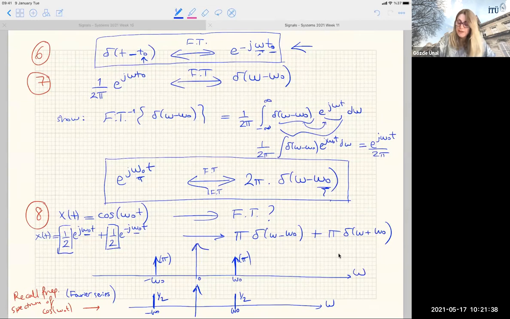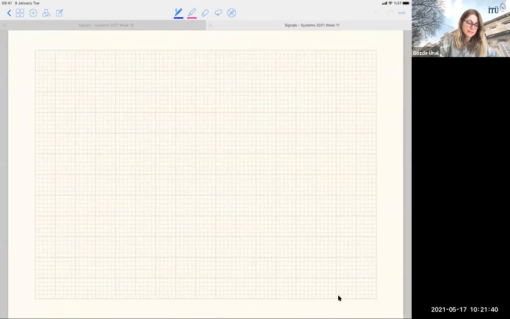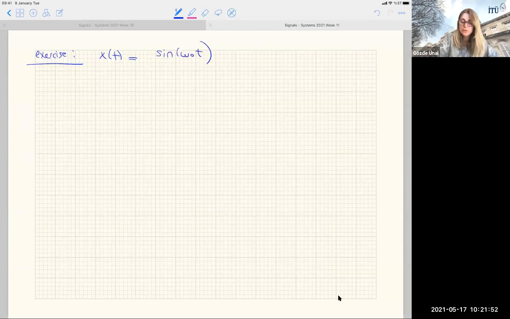For instance, now I can ask you as an exercise, guys: find the Fourier transform of x of t equals sine omega 0 t. What is the Fourier transform of this signal?